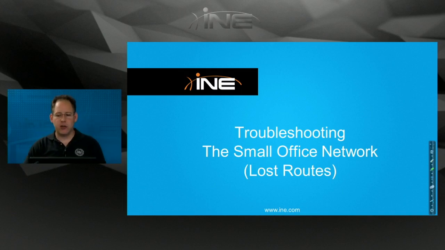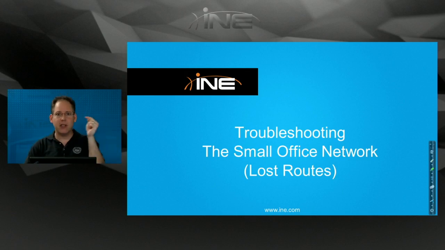Once again, we've got employees who are saying, hey, I can't get to a particular website. So we've already checked that we can get into the default router, the default gateway, so that's done. We've already checked that the interfaces are up. That's good. So now the next thing to check is, does this router itself actually have routes to the internet?